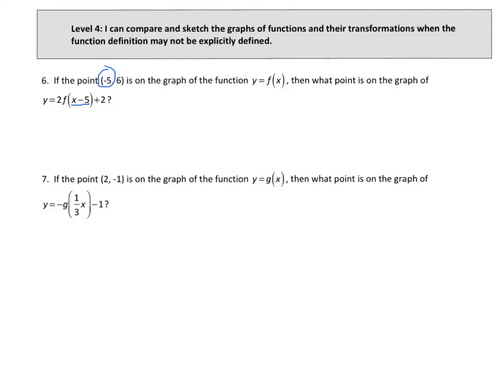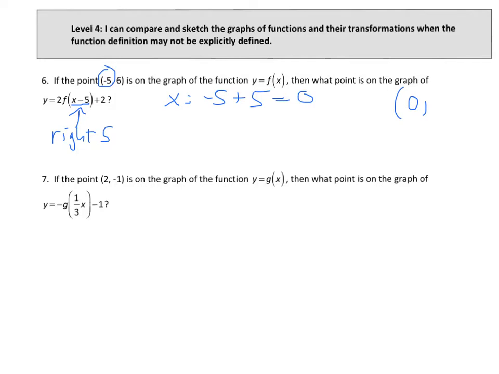Inside is the part that affects the x's, and we have a -5. But remember that what happens on the inside is counterintuitive, so we would think left, but it's actually right 5. So to this x value, we're going to add 5. So for the x coordinate, I'm going to do -5 plus 5, and we get 0. So the x coordinate of our new point is 0.